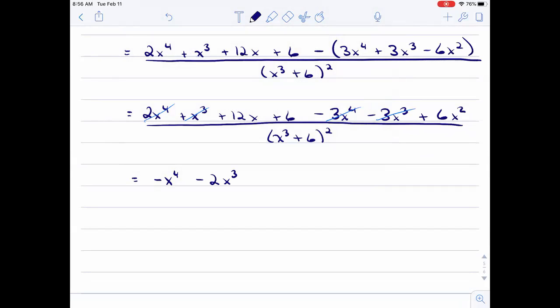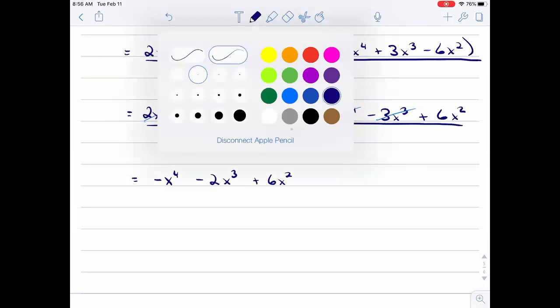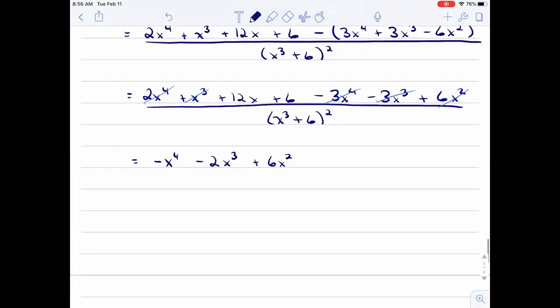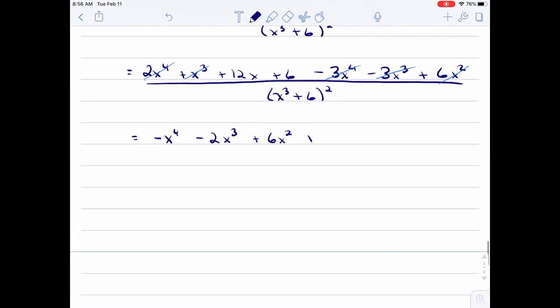I've only got the 1x squared, so it's plus 6x squared. But I'll cross it off just to show that it's done. And then plus 12x plus 6. You guessed it, all over x to the 3 plus 6 squared.